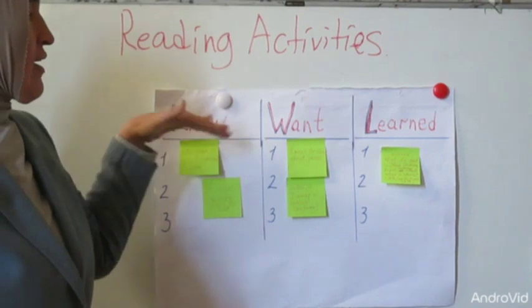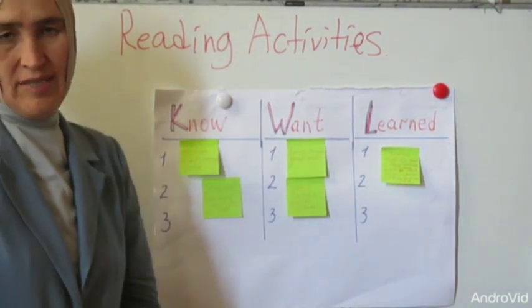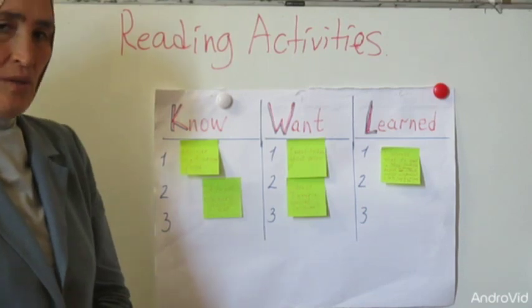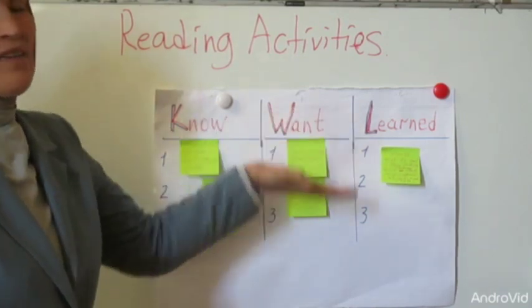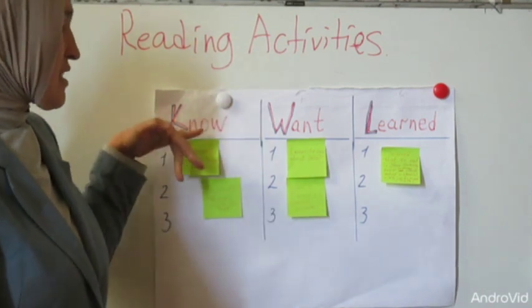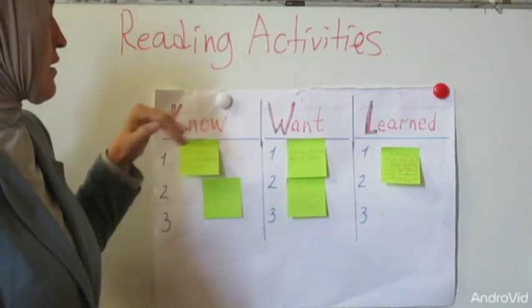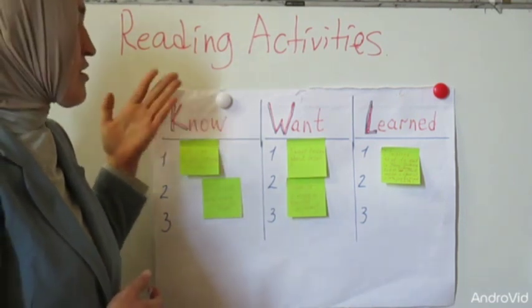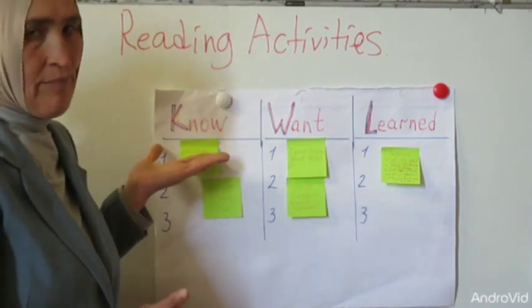It's called the KWL activity. And in KWL, you can ask your learners to draw a table with 3 columns. K stands for know. And here students should express their thoughts about what they already know about the text.